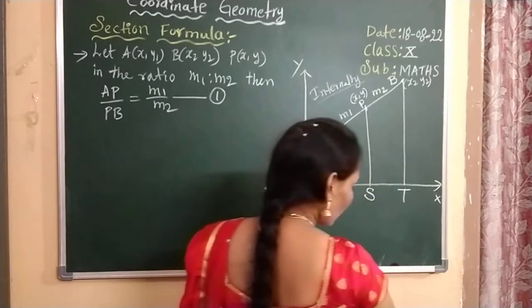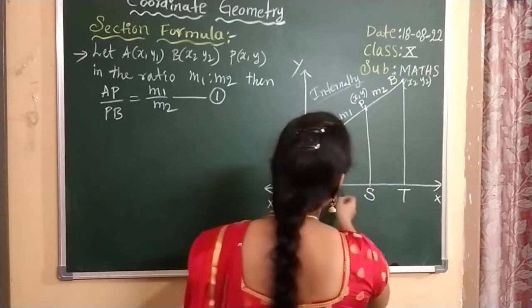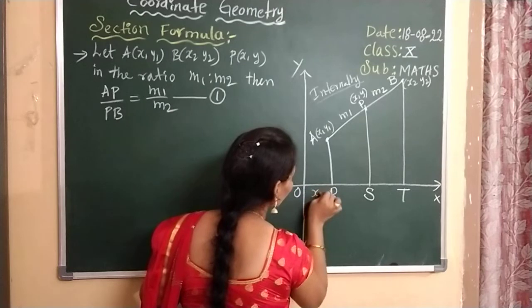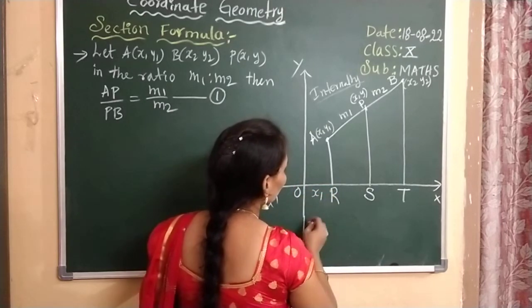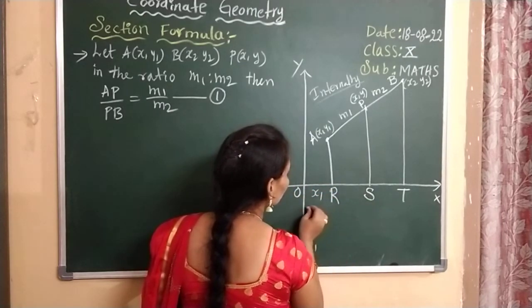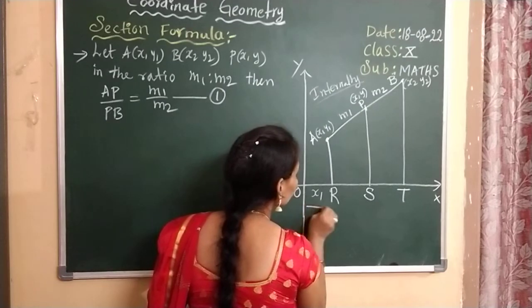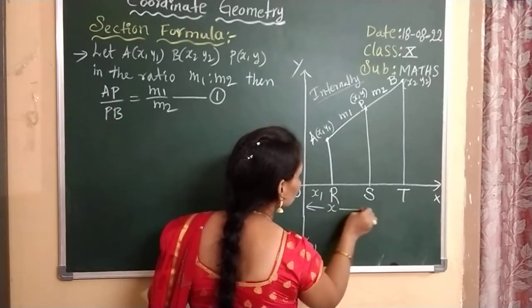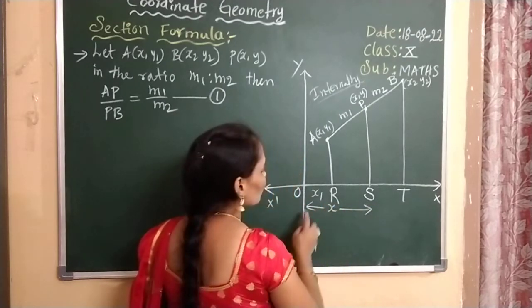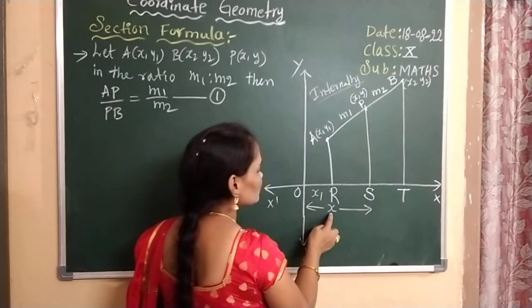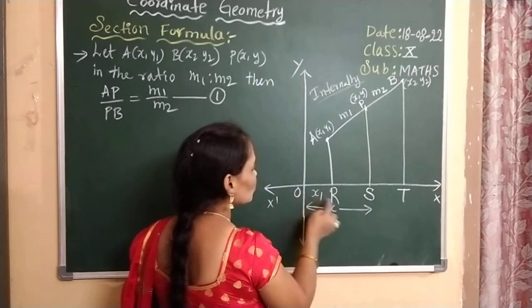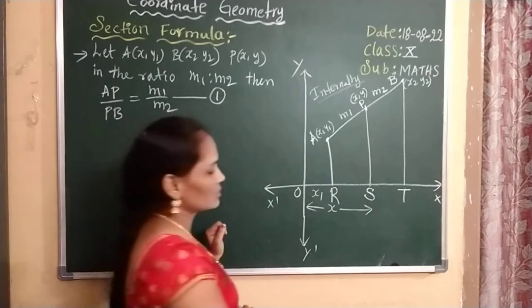Here the distance O to R, let us take x1. Now O to S, let us take distance x. O to R is x1.